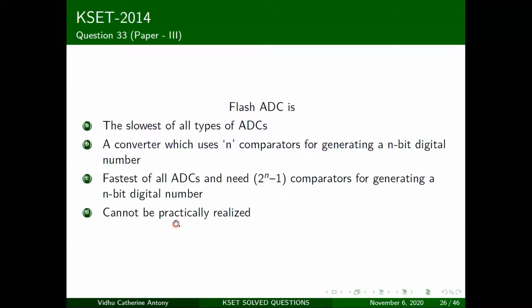Something called flash ADC, you've obviously learned in your first semester. The name itself tells you that it should be the fastest of all analog to digital converters. This might be a little technical: 2 power n minus 1 comparators for generating an n-bit digital number.